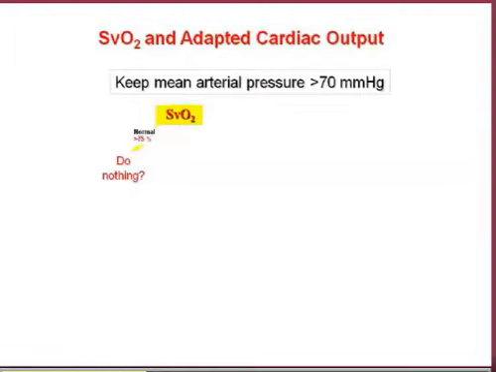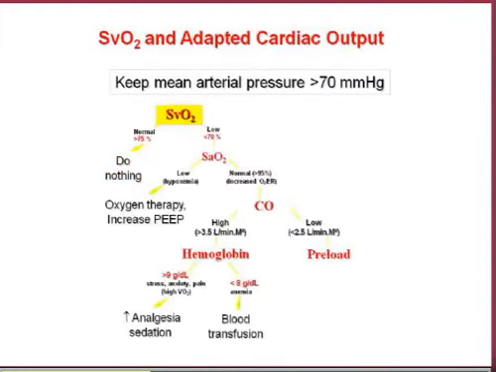So if we go back to this very interesting algorithm, and if we take into account this SvO2, it might be true that for more than 75% we do nothing, but I will come back to that. Now, part of the interpretation will be related to the cardiac output and certainly to the hemoglobin, and I really try to stress that point.